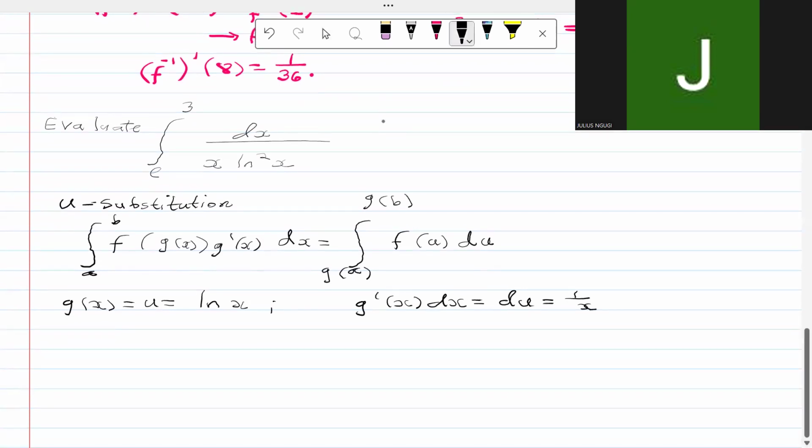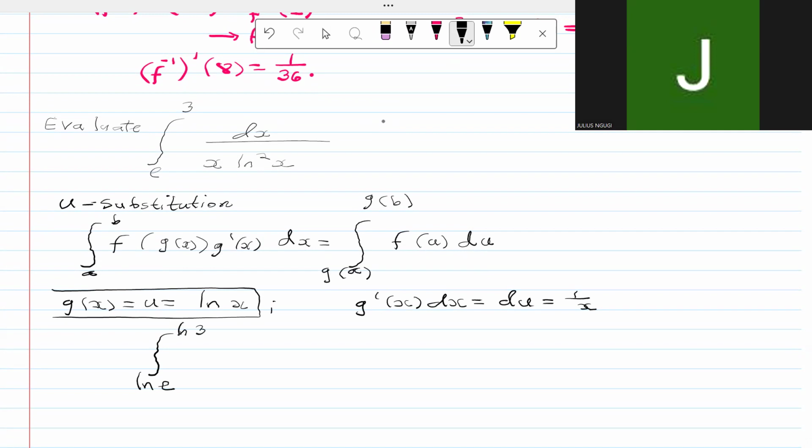And that means that the integral changes, with the limits by u equals ln of x. So when you substitute x with e, you get ln of e, and then ln of 3.